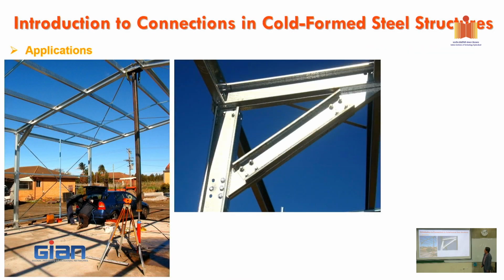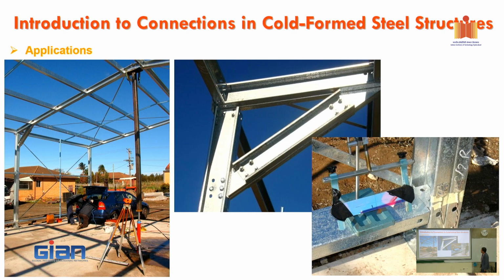Right. So now the other application is the cold-form steel portal frame. Normally you see it in the application of an industrial shed or factory. I'm not sure in India, probably dominated by hot rolled steel, right? But in Australia now, we use a lot of cold-form steel.